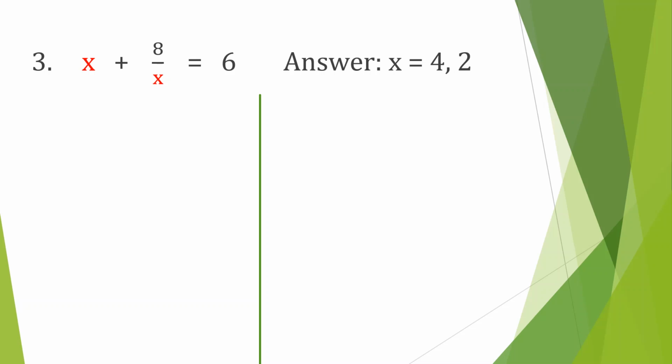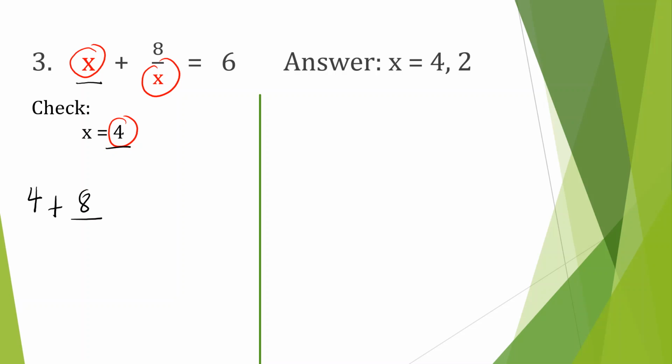Let us check our answer. Let us substitute the value of x in the given equation. Let's start with 4. So we will replace all x in the equation with 4. So this becomes 4 plus 8 over 4 is equal to 6.